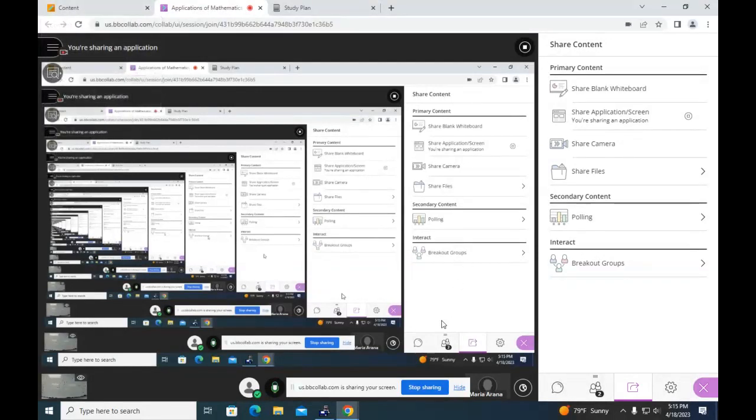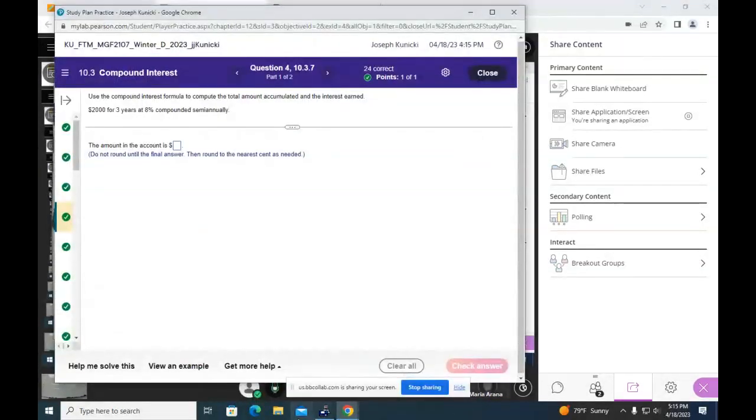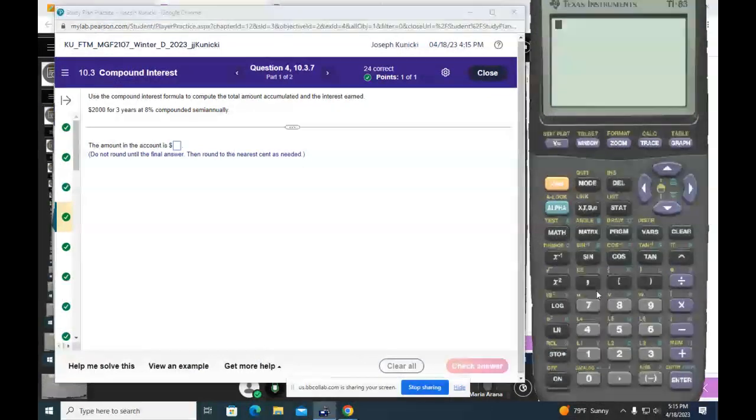For the problem, all I use is a calculator, and if you follow the calculator formula, P is 2,000, so I just put 2,000, and it's 1 plus R over N. R is 8%, and I'm only going to compound semi-annually, so I can only use half the interest because it's an annual interest.